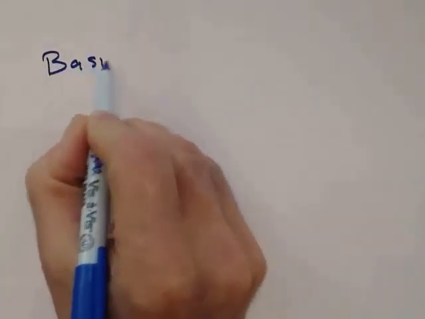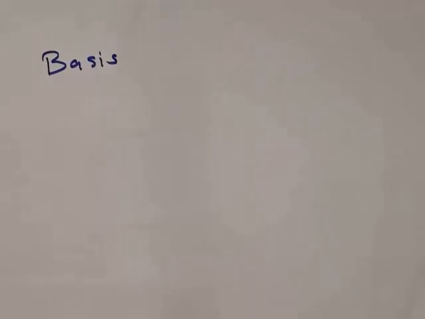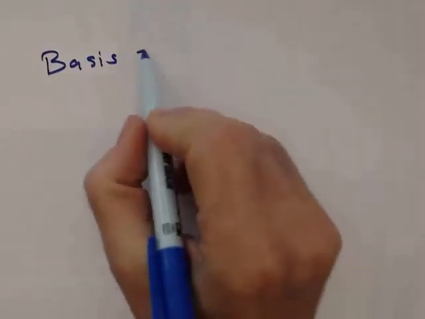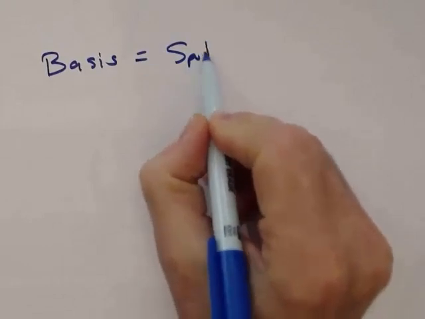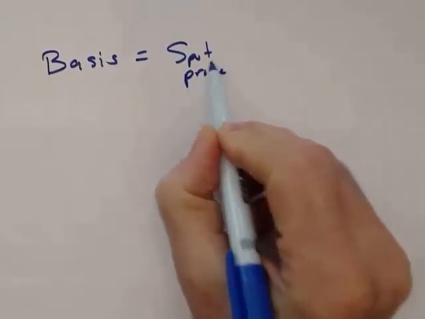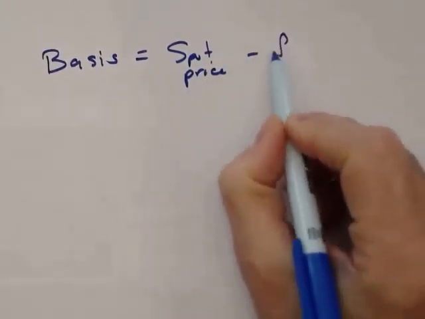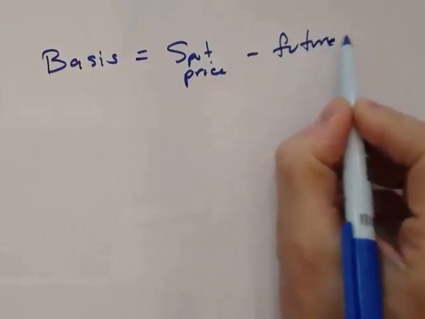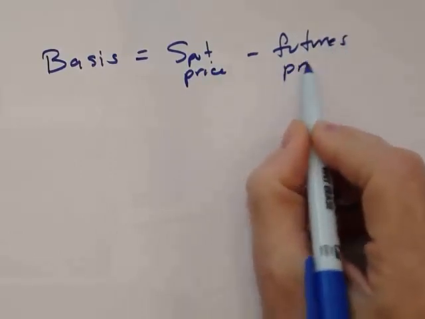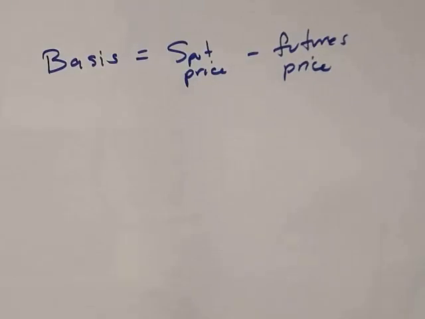So the first thing we want to do is get a handle on basis again. We saw basis earlier, and basis is defined in your text as the spot price minus the futures price, the difference between the two. Why does that come up here?